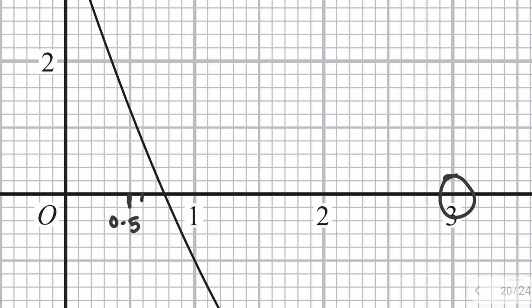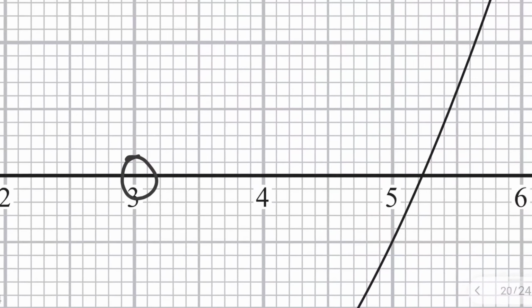So this will be 0.6, 0.7, 0.8. So my guess is this point here is going to be 0.7. I think it's 0.77, I think.